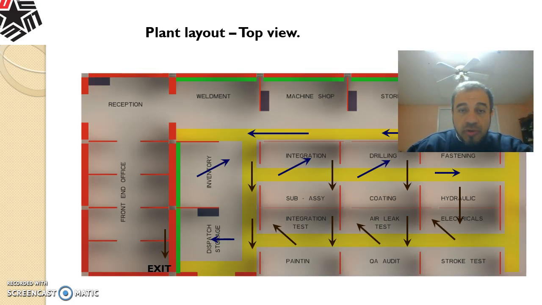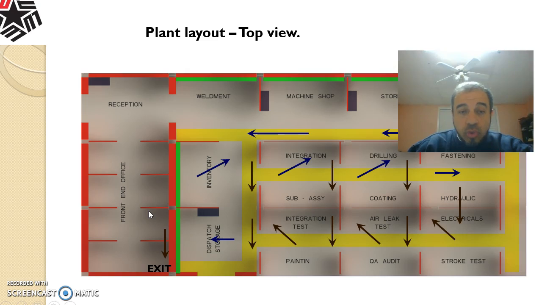Now, if we look at an overview top view of the existing floor plan, you see all the sections and workshops in this schematic top view, showing the inventory portion, integration, drilling, coating, hydraulics, and so on.